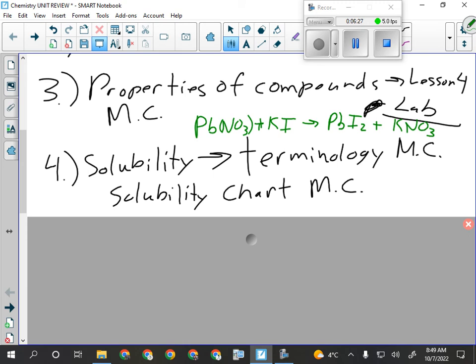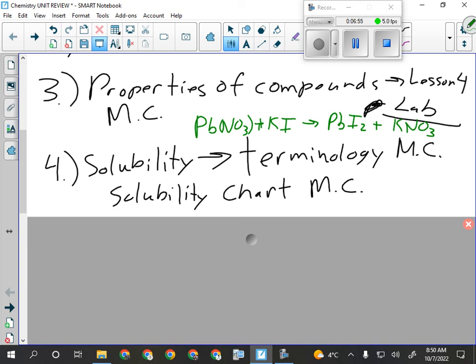Or I don't even give you the products, I just give the reactants, and I say, which, if any, of the products would be soluble? You'd have to predict the products and then go, okay, potassium nitrate looks like it's soluble on my chart, but lead 2 iodide is not soluble, so that would be a precipitate. And your options would be like A, lead 2 iodide. B, potassium nitrate. C, both are soluble. D, neither are soluble. Something like that.